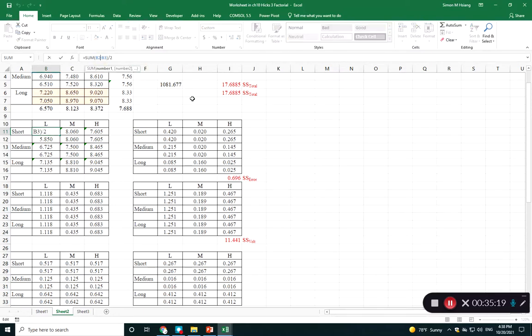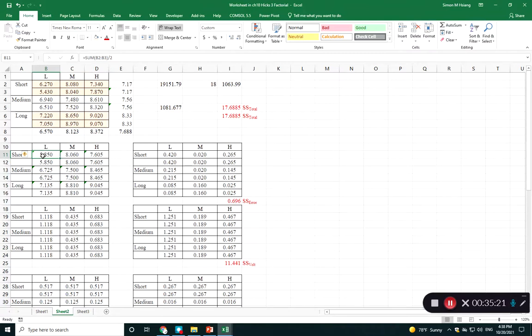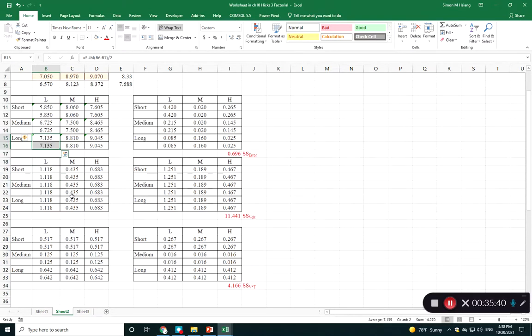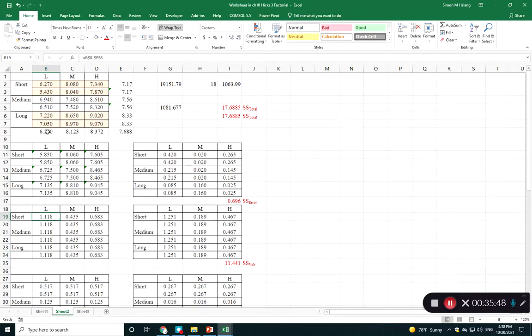What I'm trying to say is, I can go that way, I can go vertically. So now I have the average of this cell, average of this cell, average of this cell. And then for each one of them, I can go the total this way and figure out the average this way.